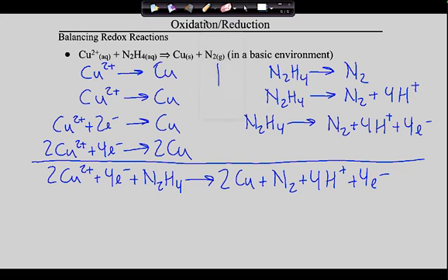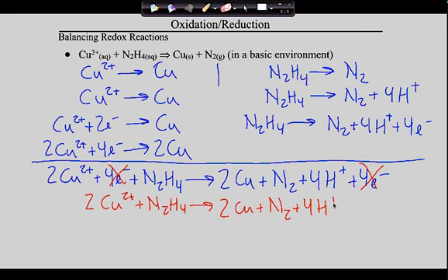Now, getting rid of things, our electrons go, and that's it. So we get 2 Cu2 plus N2H4 yields 2 Cus plus an N2 plus 4 protons. You guys okay? We're not done, but are you okay?